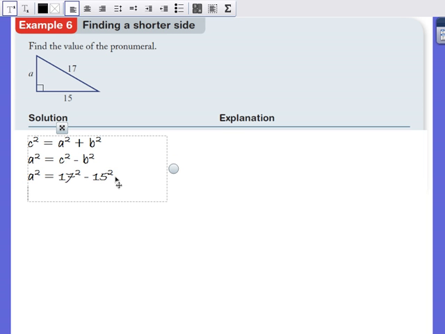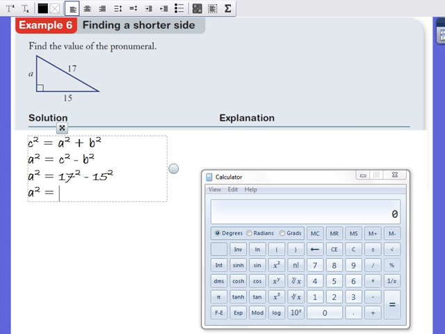So now I'm going to have to use my calculator a little bit to do the rest of this. Let's find out what 17 squared is. Okay, here's my calculator. So 17 squared is equal to 289.